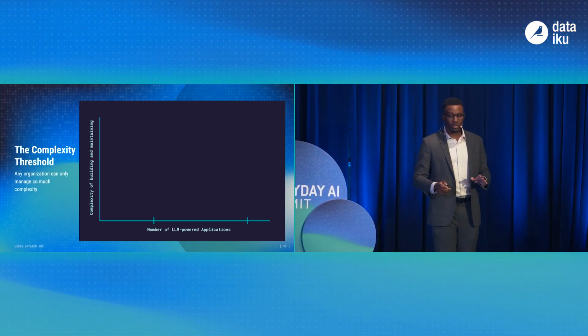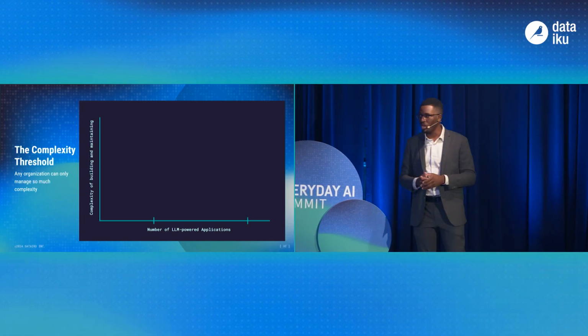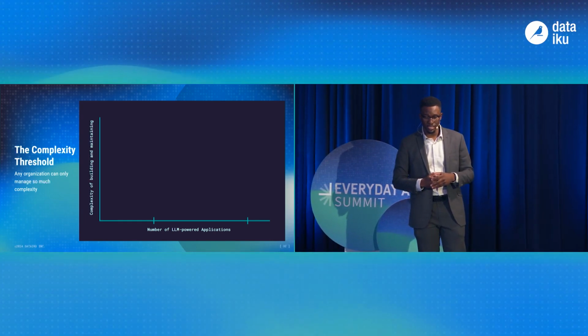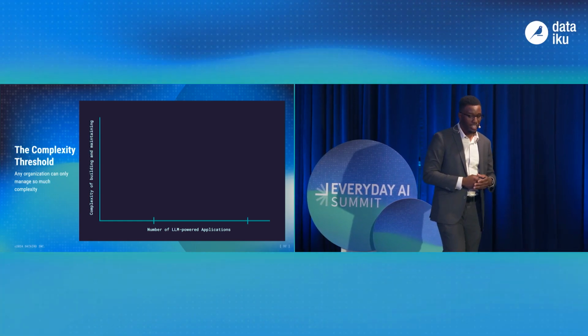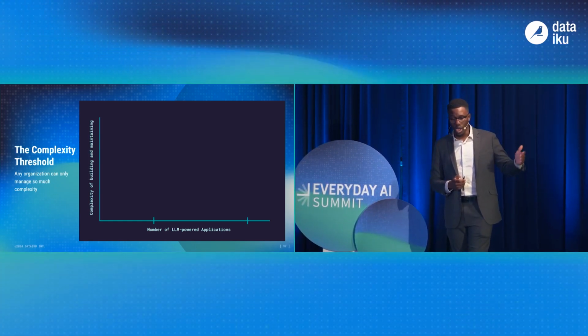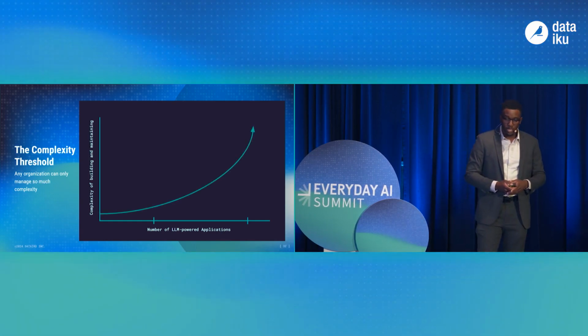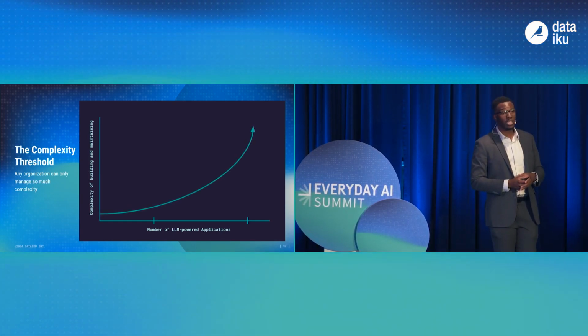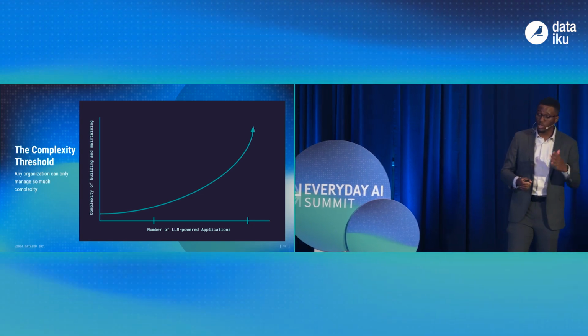So let's think about this as a simple graph where you have the number of LLM-powered applications on the x-axis and the total complexity of building and maintaining these applications on the y-axis. Complexity goes up over time, and it probably follows something more like an exponential curve.